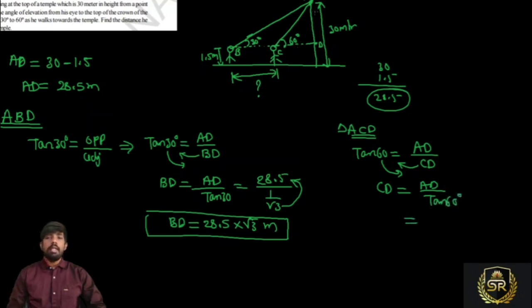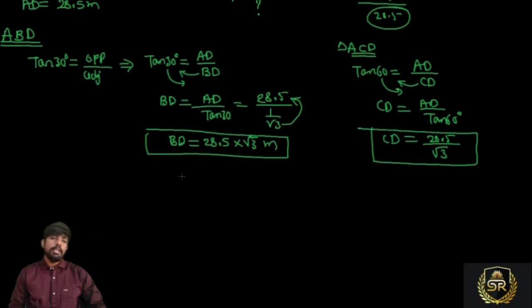AD is 28.5, and tan 60 is root 3. So CD distance is 28.5 by root 3. BC distance is being asked, how much distance is traveled.